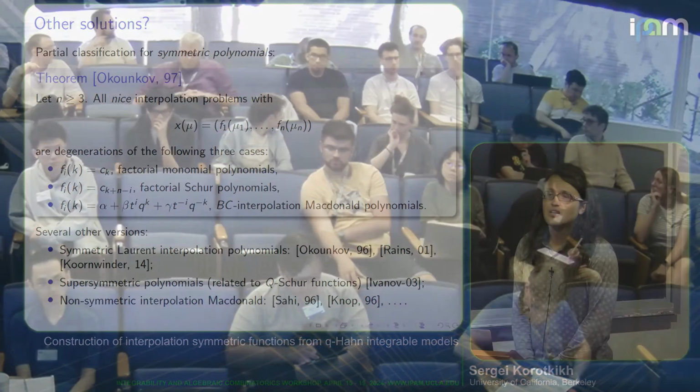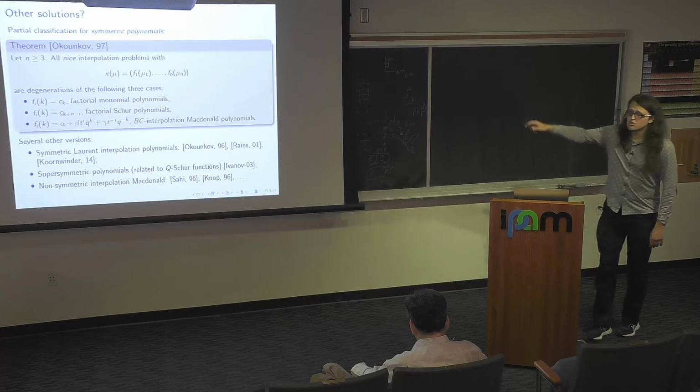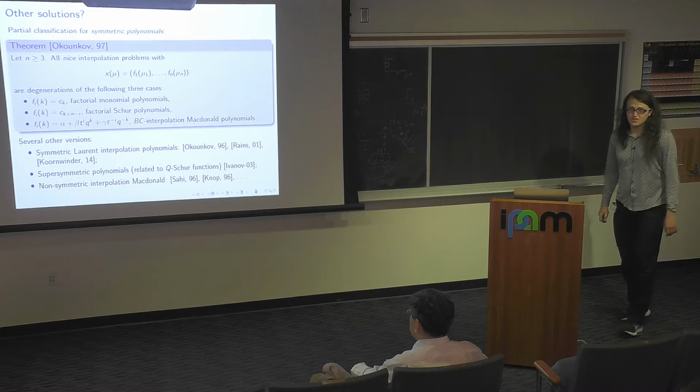Yes? Can you comment on Laurent polynomials? So what symmetric Laurent polynomials do you get? Basically, I should have written Macdonald. There is a generalization of these BC Macdonald polynomials, which will not be polynomials, but Laurent polynomials.